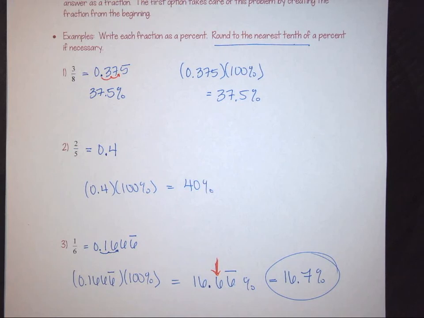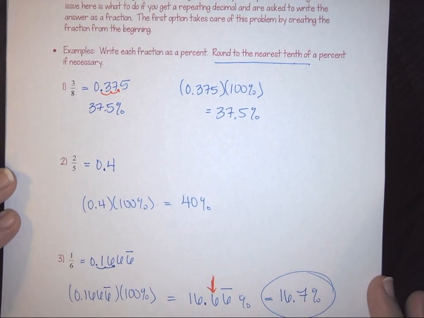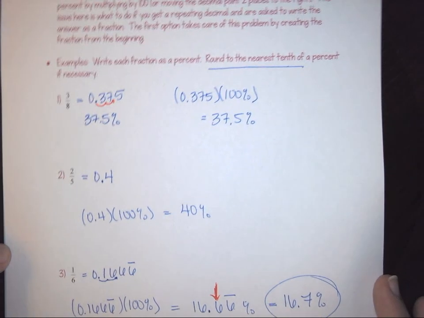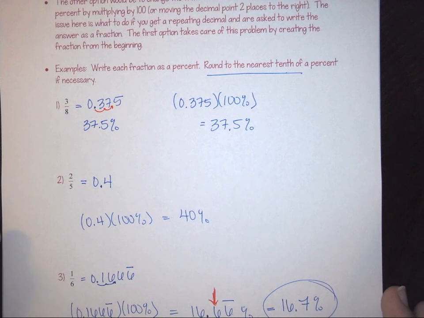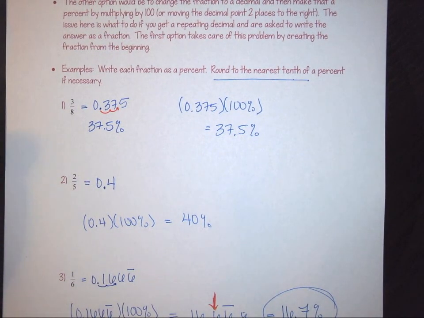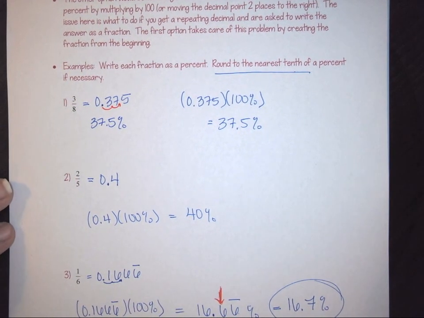So that is what you need to know about working from fractions to percents. Again, I can't stress enough that the easiest result is to take your fraction, convert it to a decimal, and then find your percentage. Okay? It makes it so that you don't have to worry about dealing with fractional forms. Okay?